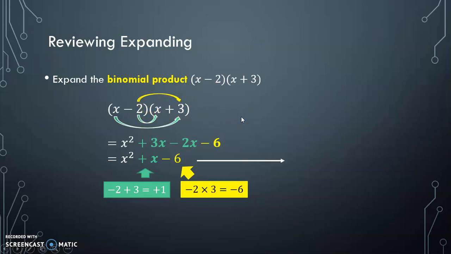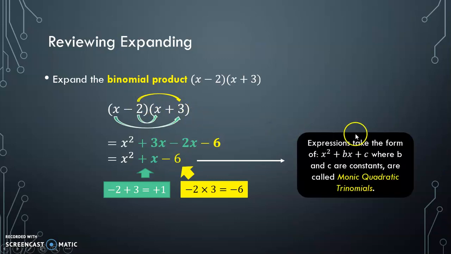So the first term is always x squared, and then you have an x term with a certain coefficient, which is the result of the addition of the two numbers. And then you have a constant term, which is the product of these two constant numbers. A side note: expressions that take the form of x squared plus bx plus c, where b and c are constants, are called monic quadratic trinomials.